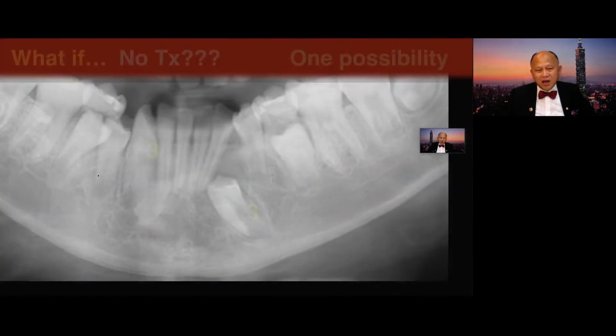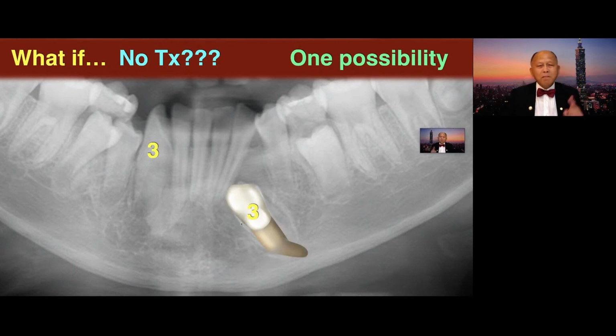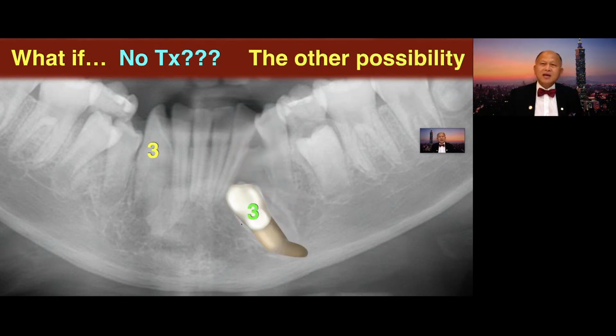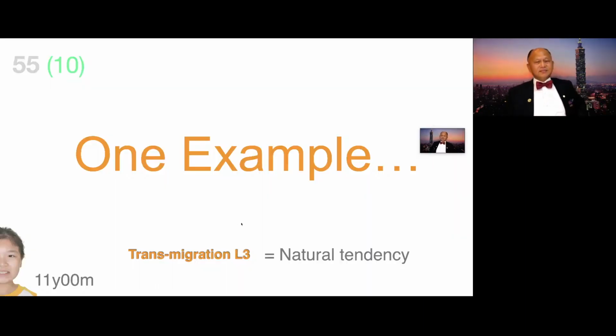Wow, I love this buccal shelf screw. What if no treatment for this impaction? Well, one possibility will be it will erupt by itself. The other possibility will be it will fall down and start to migrate, and it becomes transmigration.